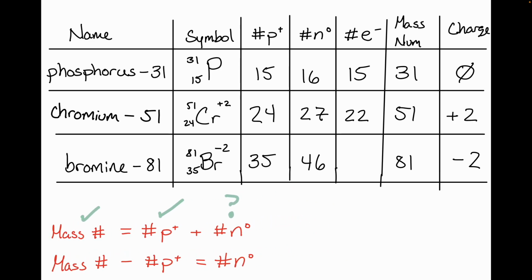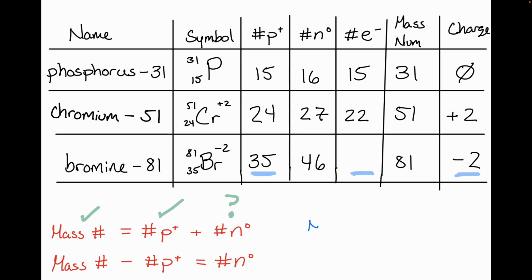How am I going to figure out the number of electrons in this particular atom? The net charge. In the same way that neutrons, protons, and mass number are linked, protons, electrons, and net charge are linked.